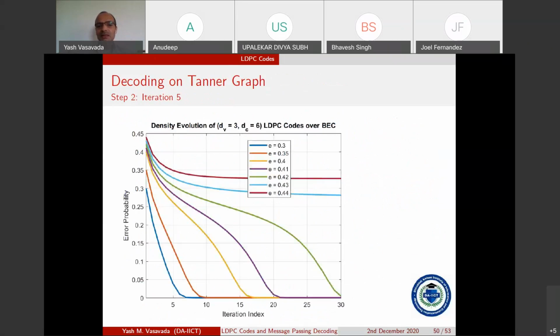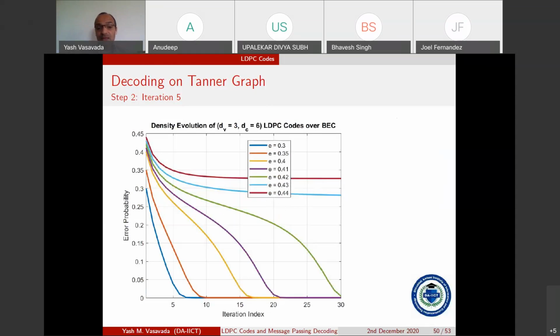There is something called density evolution method, which allows us to figure out up to what type of erasure probabilities this DV-DC 3-6 code will work. And that analysis shows that as much as 43% of the transmitted bits, or rather 42% of the transmitted bits can get erased, and the decoder will unerase it.